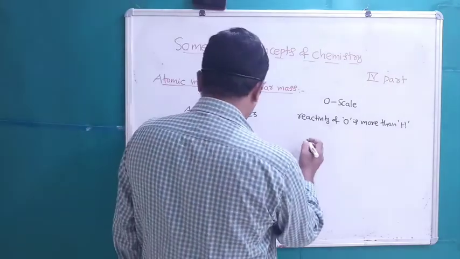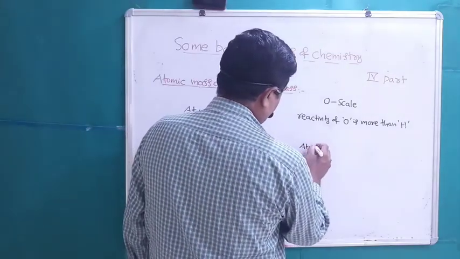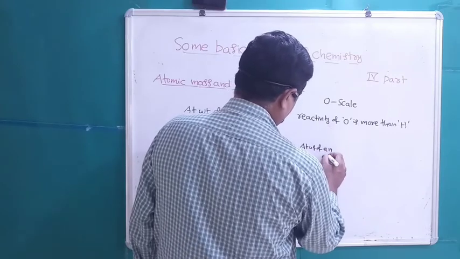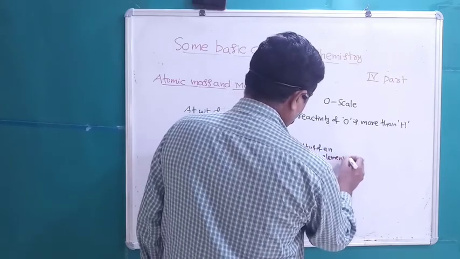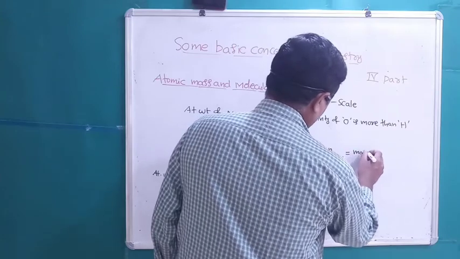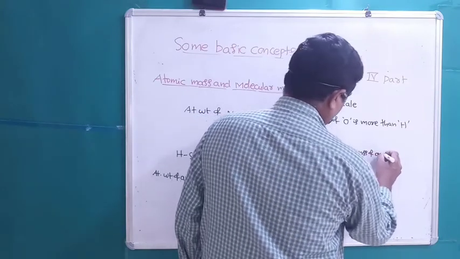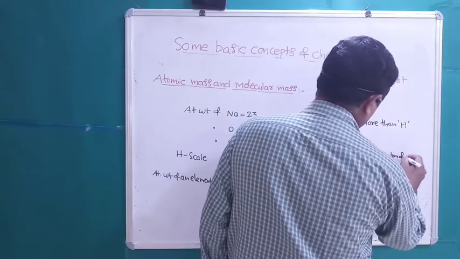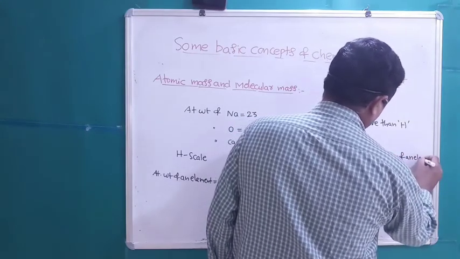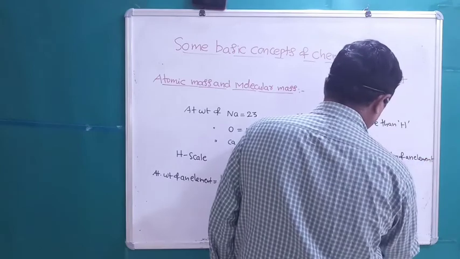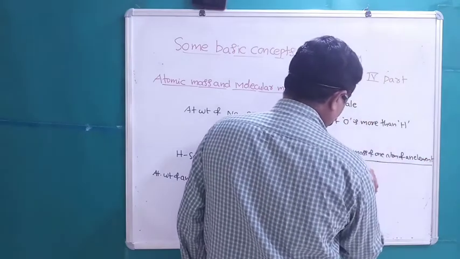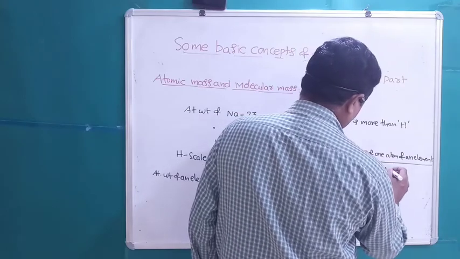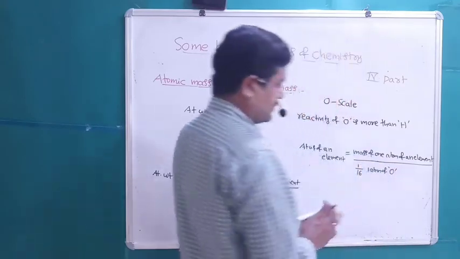On the oxygen scale, atomic weight of an element is the mass of one atom of an element divided by 1/16th part of one atom of oxygen.